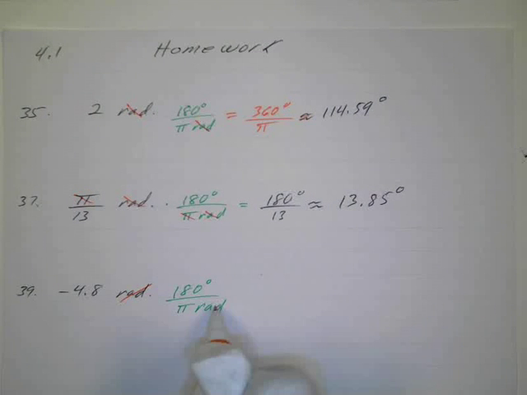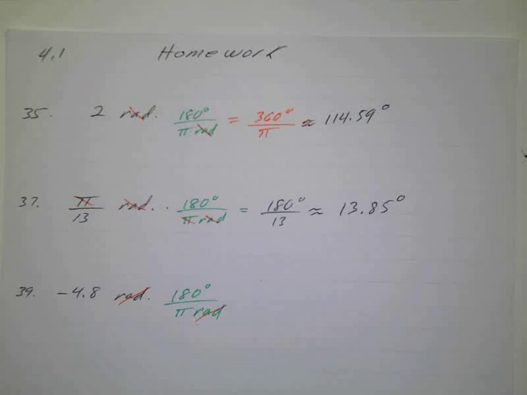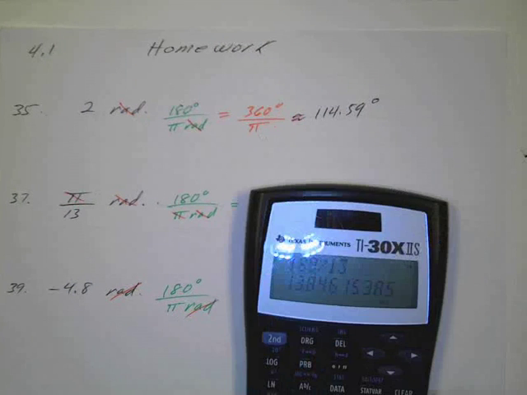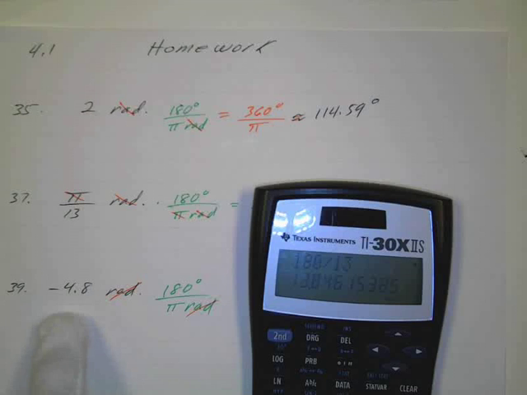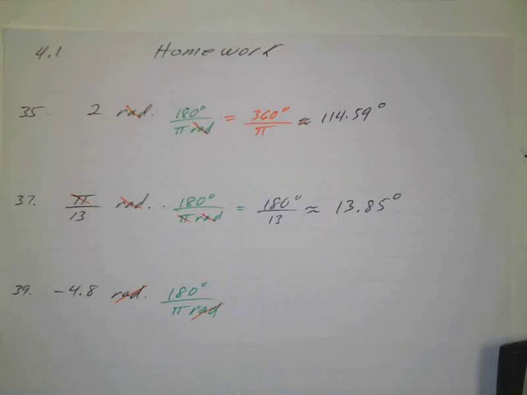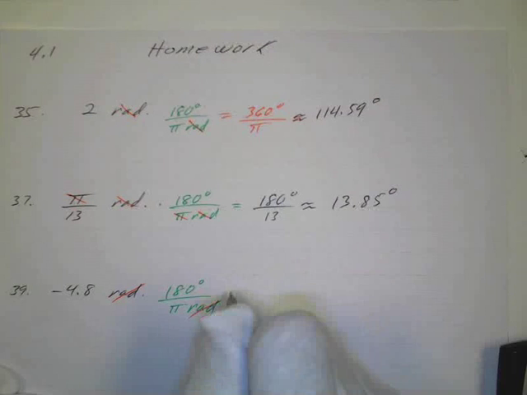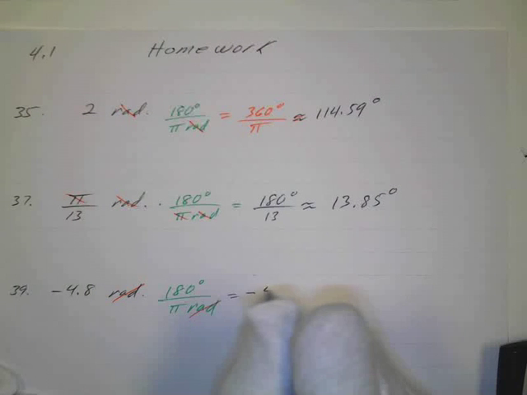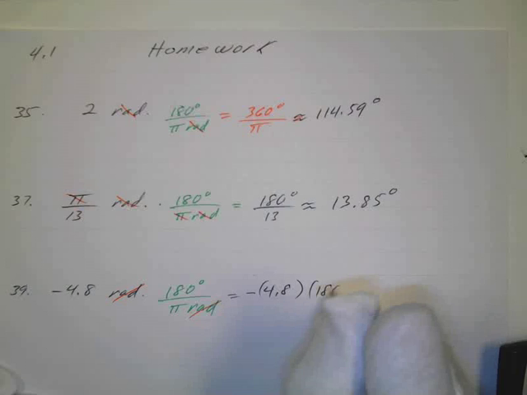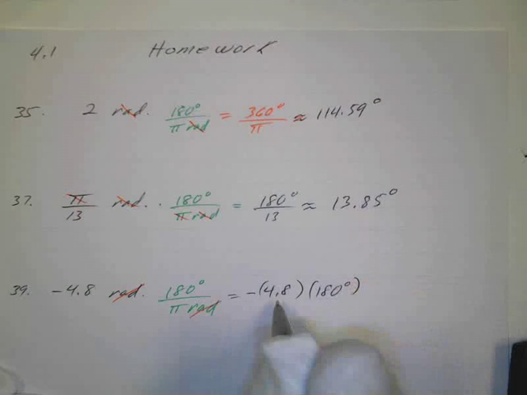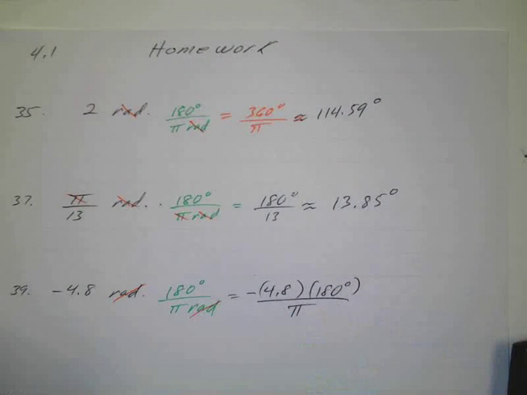You can't go wrong. Radians at top, cancel the radians at the bottom. So we have negative, and I'm going to have to multiply 4.8 times 180. I guess I could write it over here. Equals negative 4.8 times 180 degrees divided by pi.